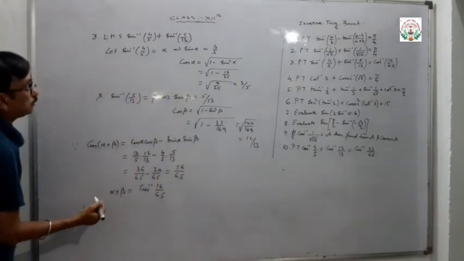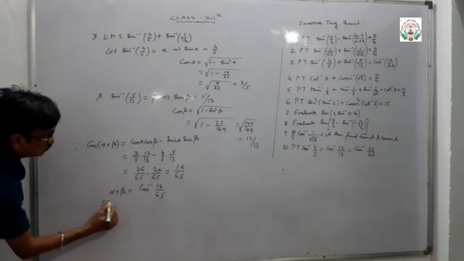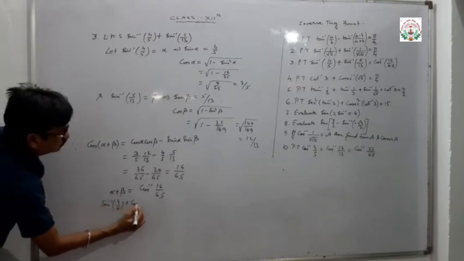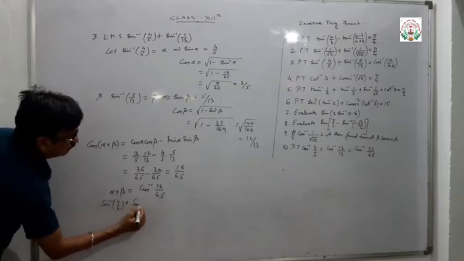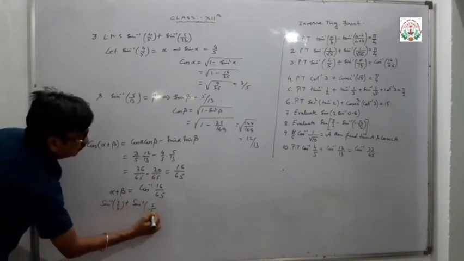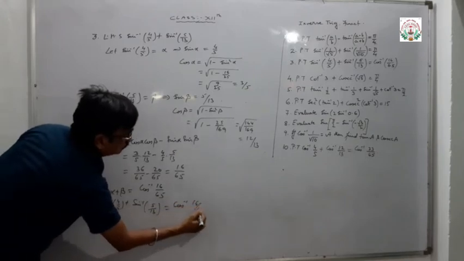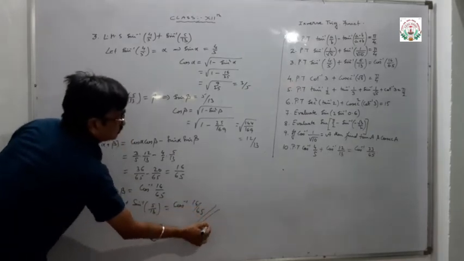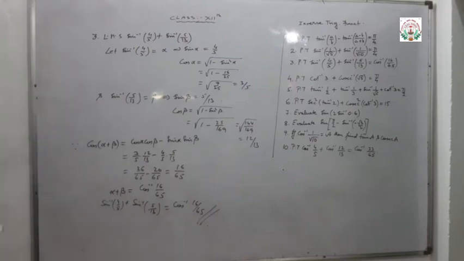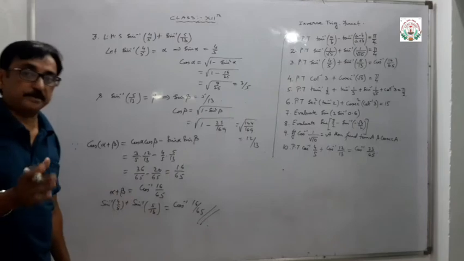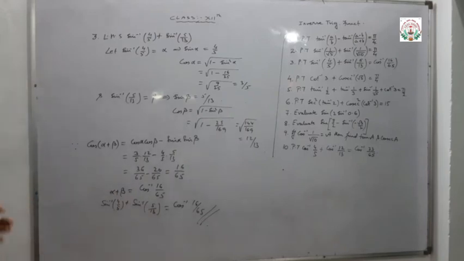So we can put the values here: sine inverse of 4 by 5 plus sine inverse of 5 by 13 is equal to cos inverse of 16 by 65. So this is also another way of proof. You can apply any method, but you have to prove it correctly step by step.